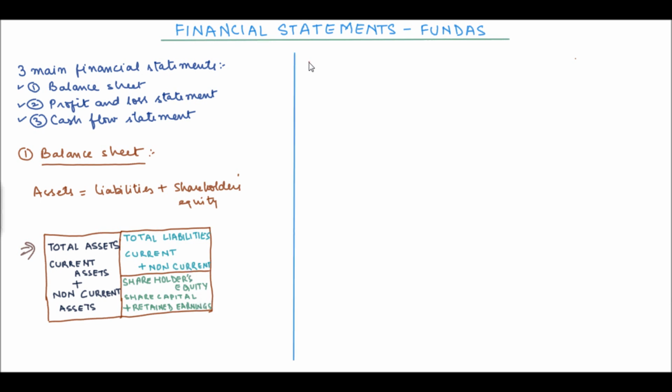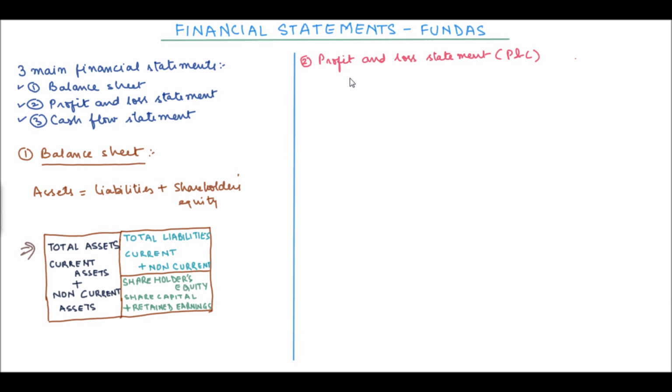Now let's move to the second financial statement, which is profit and loss statement. Now the profit and loss statement is a financial statement that summarizes the revenues, costs, and expenses incurred during a specified period, usually a fiscal quarter or an annual year.